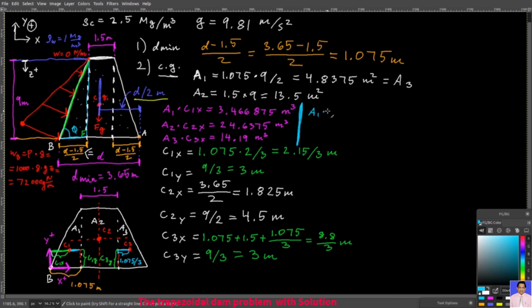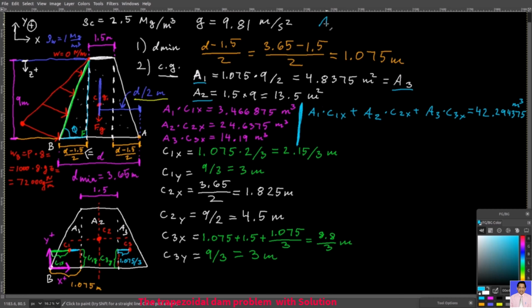So A1 times C1x plus A2 times C2x plus A3 times C3x. And that will give me this number here. And then what I will do, I will add up all my three areas together.